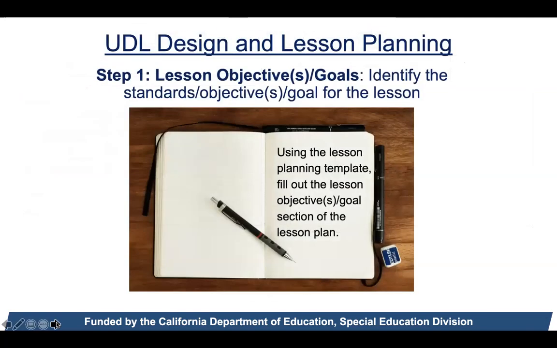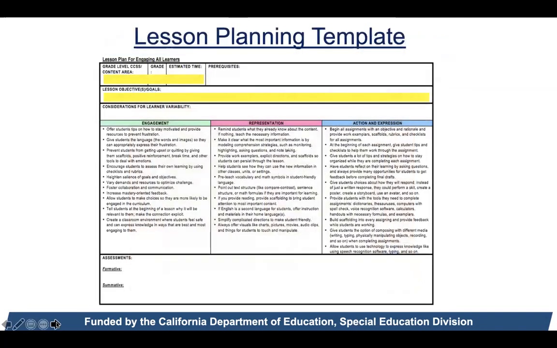So let's start with the lesson objective. We've already gone through a little bit about the alignment of the lesson objective with the rest of the lesson design. So identify the standard or objectives or goals for the lessons. And you can use your template in your processing guide to take notes. And we're looking at the areas that are highlighted in yellow.